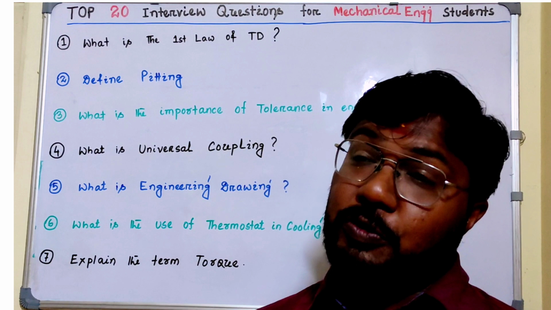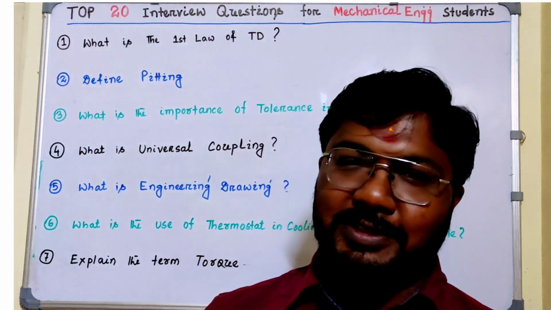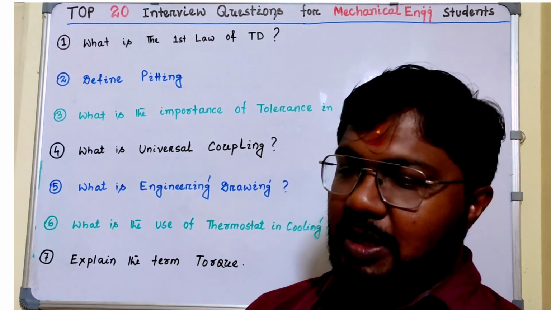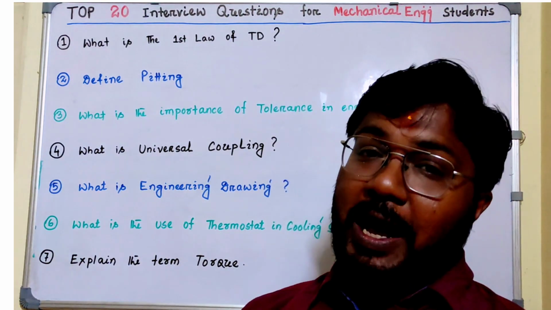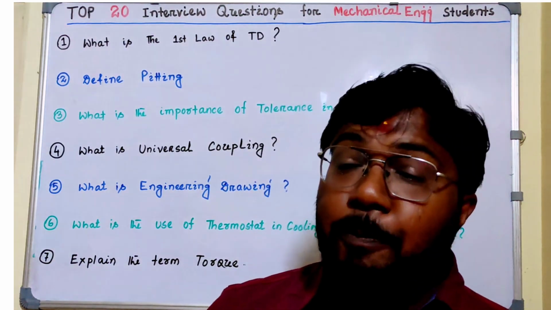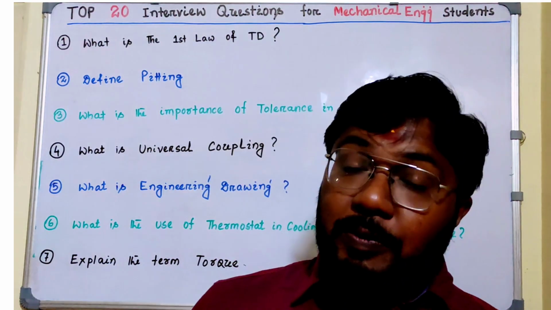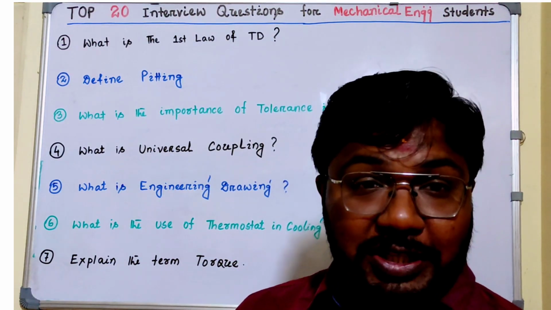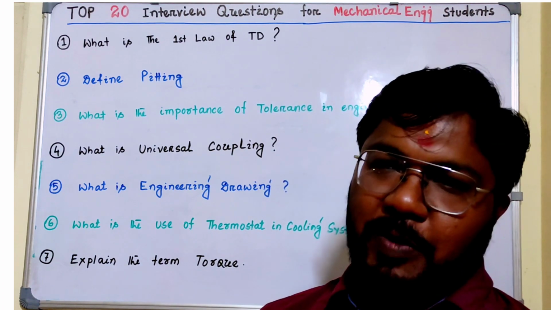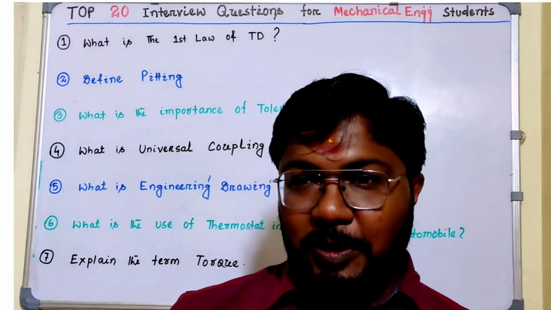interviews. Suppose the first question asked is why you have chosen this branch, or why you have chosen mechanical engineering. A very good answer you can give is that from childhood I have been fond of machines, automobiles and mechanisms. Keeping interest in those things, I have also done some projects in my schooling.